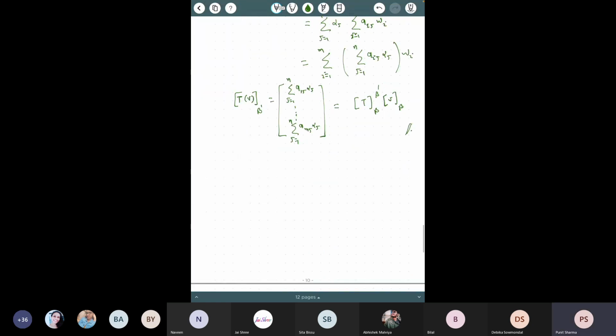Okay, so let me make some observation here. Let me summarize what we have done. I will write these things as observation, because at the end I will conclude something. What we did: if we have a linear transformation, then we can always find its matrix representation.